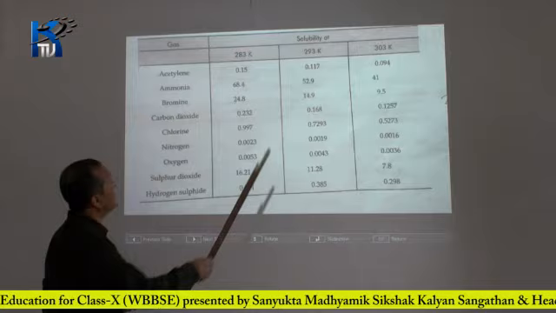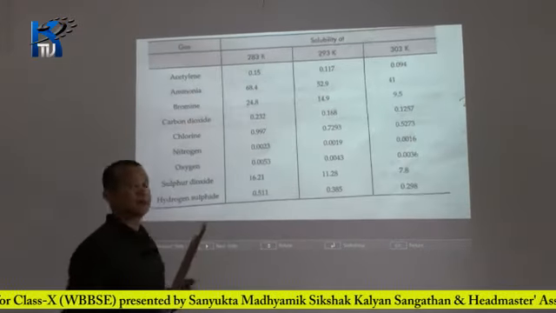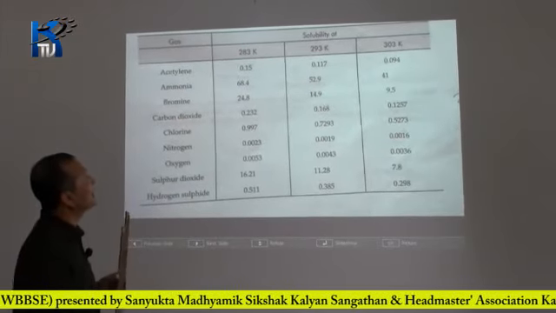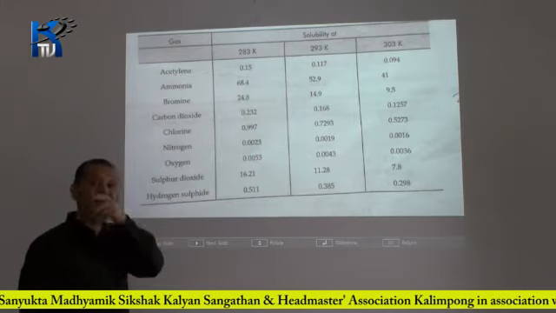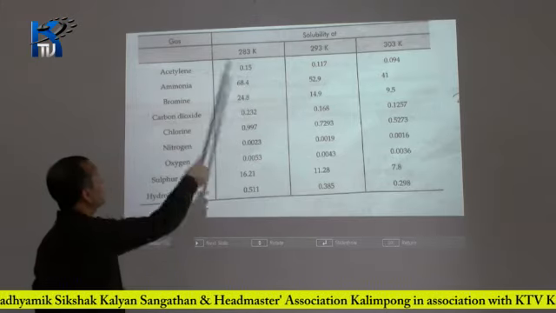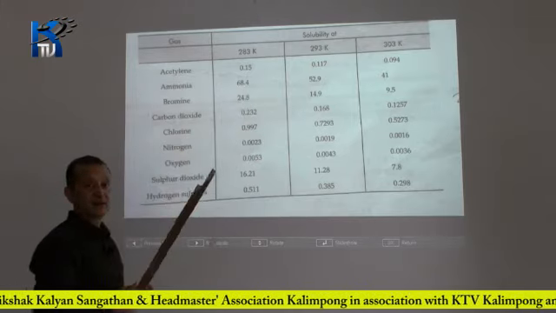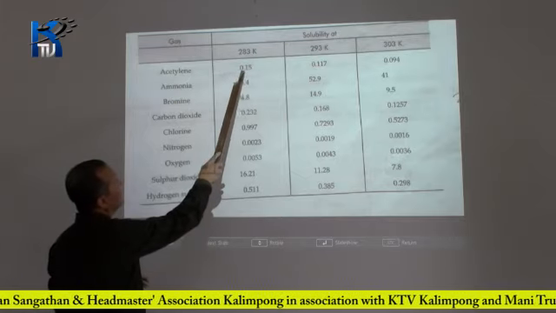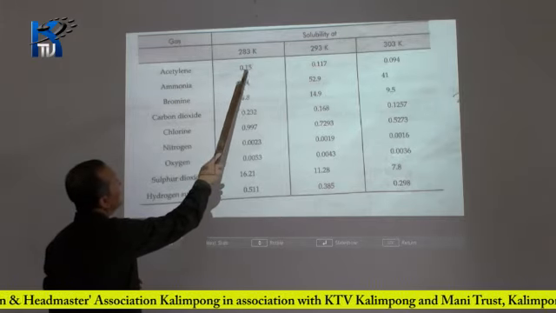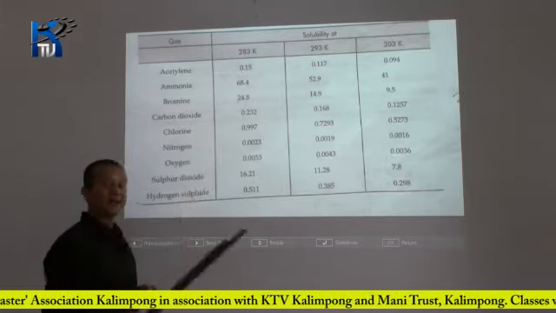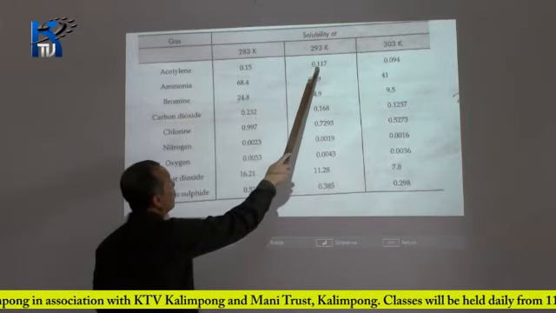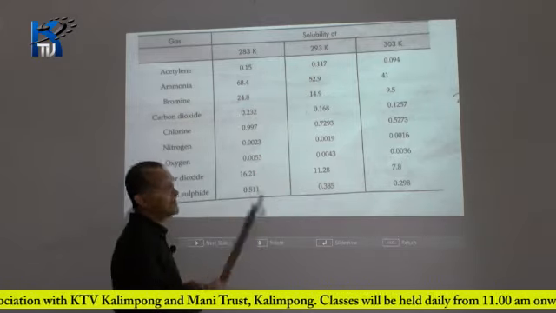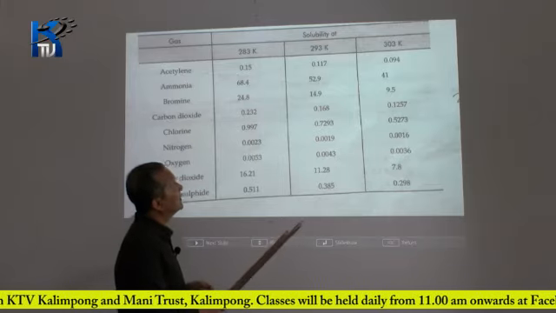The amount is in grams per 100 grams of water. So 0.15 here means 0.15 grams of acetylene in 100 grams of water. This means 0.117 grams of acetylene in 100 grams of water, and so on.